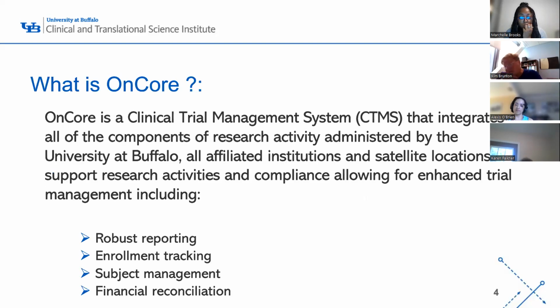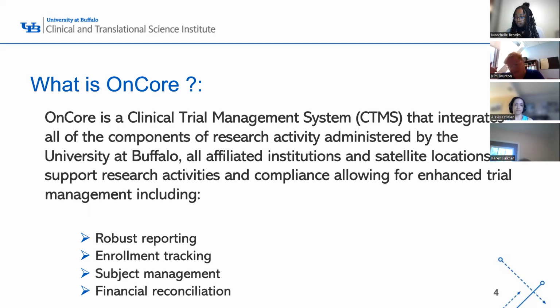So as I said, it's a clinical trial management system. It integrates all of the components of research administration and all of our affiliated institutions. So it will let us know what is happening where. It allows for very robust reporting, enrollment tracking, subject management, financial reconciliation. It is comprehensive.